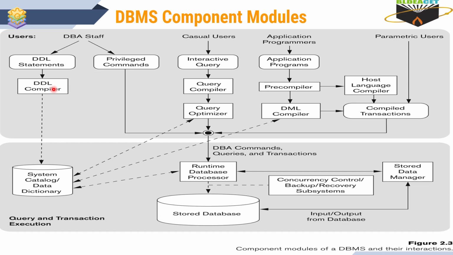The DDL compiler processes the schema definitions specified in DDL statements and stores the description of the schema in the DBMS catalog. This catalog includes information such as the names and sizes of the files, names and data types of the data items, and storage details of each file and constraints.